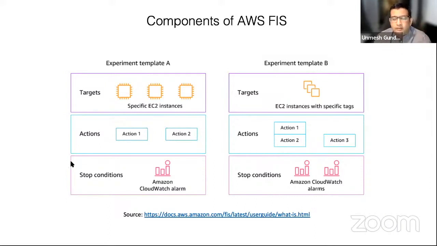Typically when you do this experiment, you can start with the dev environment, and as you get more confidence, you go to staging, and in an advanced stage you can go to production as well, right? If you're confident that you can run the experiment with a defined blast radius and without impacting your users.